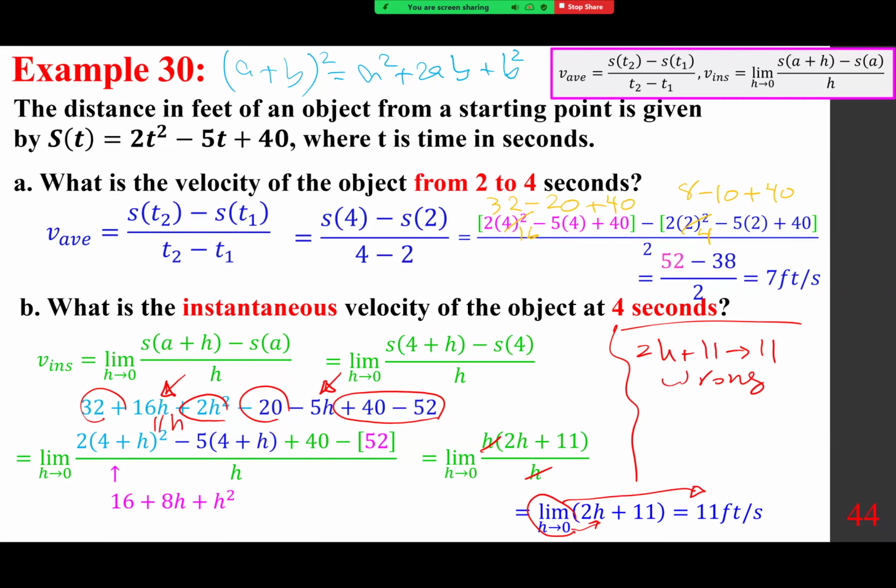So you want to make sure you carry the limit for this expression, and now you drop it to 11 feet per second, units of the numerator over the units of the denominator, change in distance over change in time. So any application, you must answer it back with the proper units.